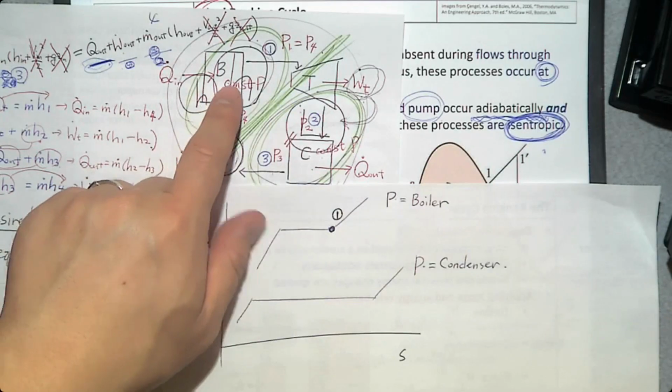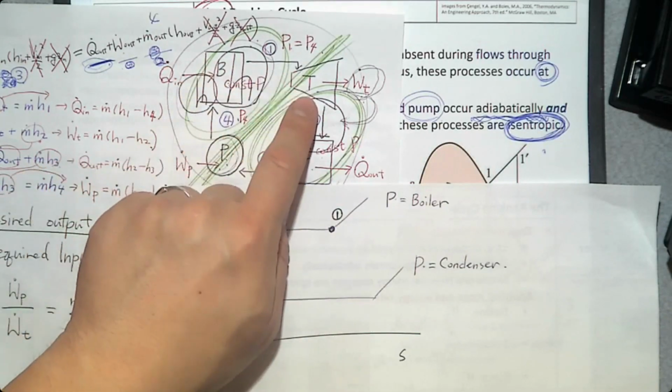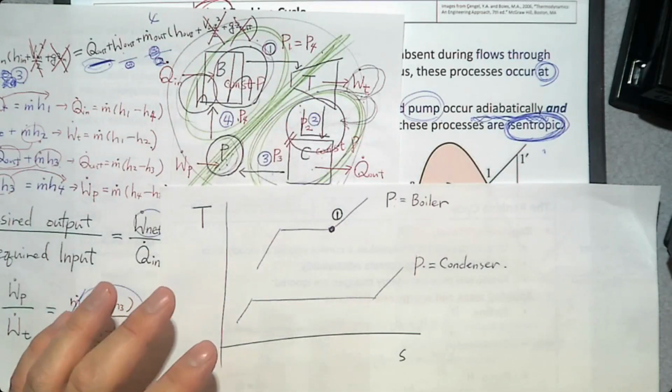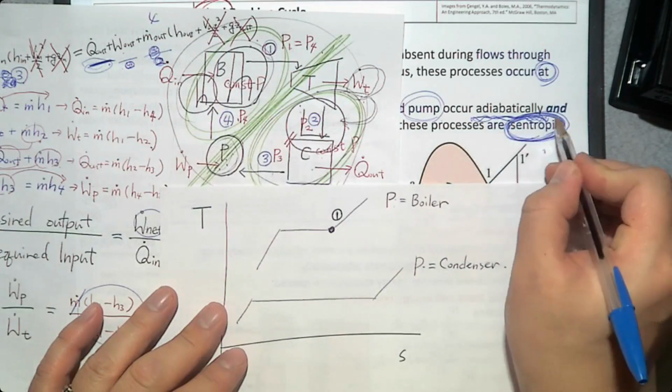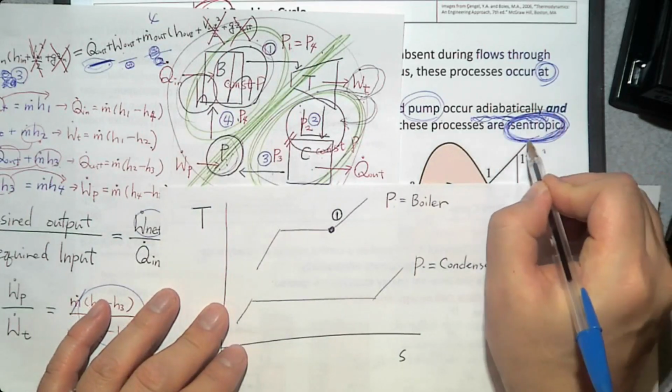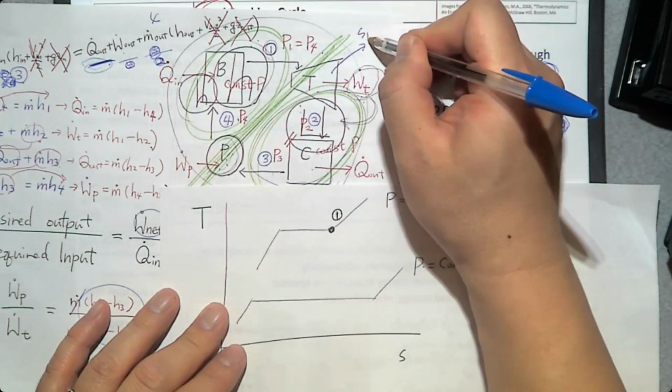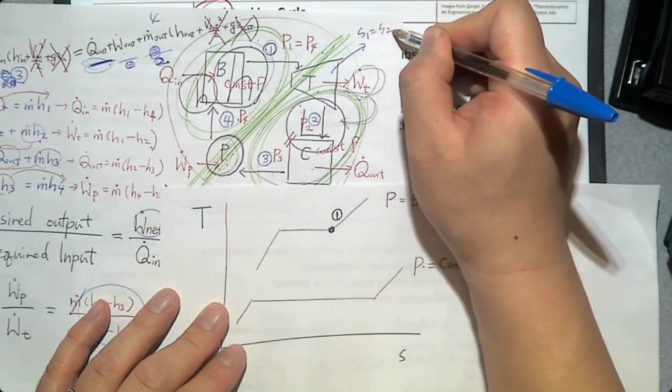And this number one enters this turbine, and what's going to happen in this turbine? It's going to expand. Expand in what condition? Isentropically. So the turbine is an isentropic system, so S1 is the same as S2.